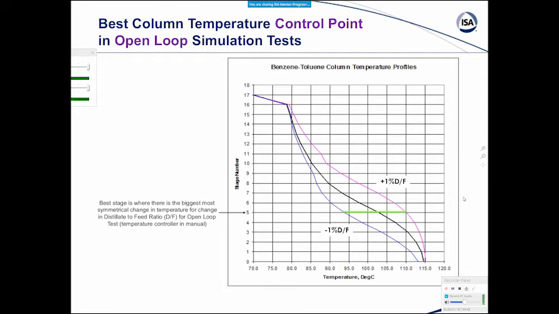Or the reflux to feed ratio. And then you look at the temperature response. And you want to choose the tray with the largest and most symmetrical temperature response, and that's this green one here. So you would want to choose tray number 5.